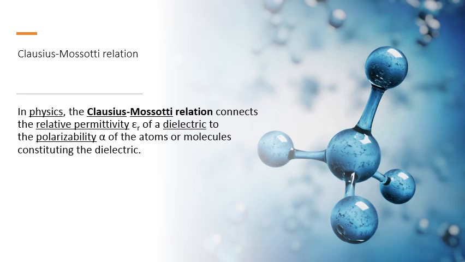Whenever we put different materials between the plates, the permittivity is different for different materials. And this permittivity is also related to the polarizability of the atom. Some atoms can be polarized easily, some may not. So this relation is given by Clausius-Mosotti.